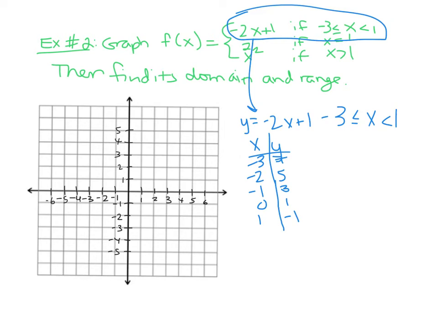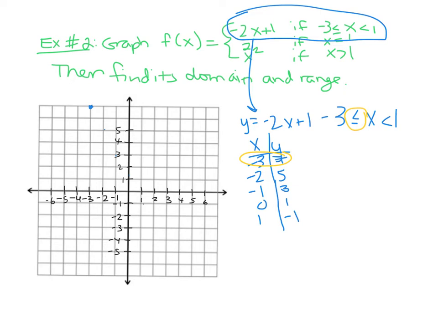Keep in mind that this first point, the negative 3, 7, is going to be a closed circle because I have that x is greater than or equal to negative 3. So closed circle right here at negative 3, 7. I also have a point at negative 2, 5, negative 1, 3, 0, 1, and 1, negative 1.